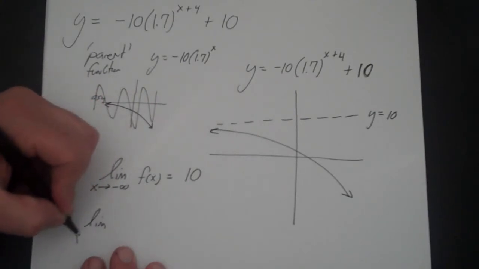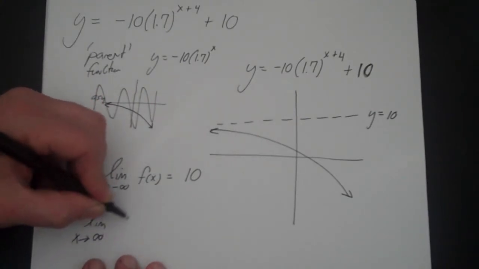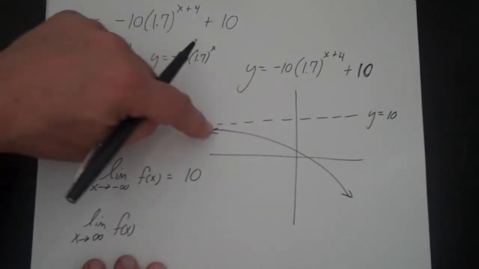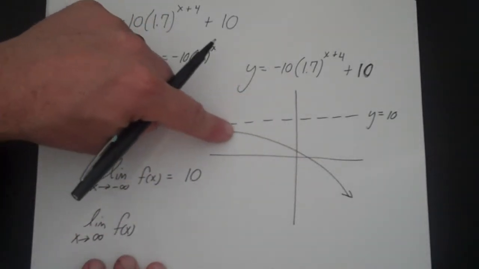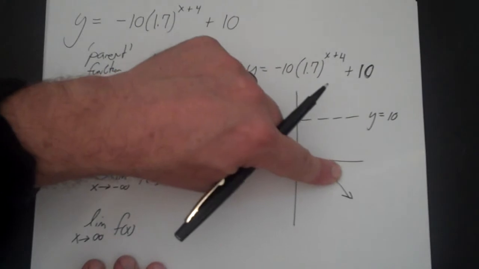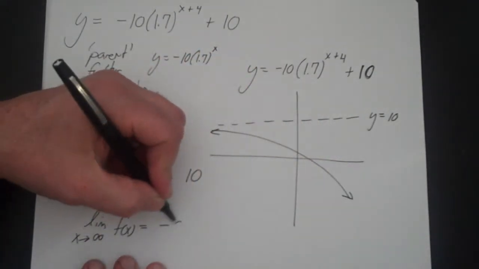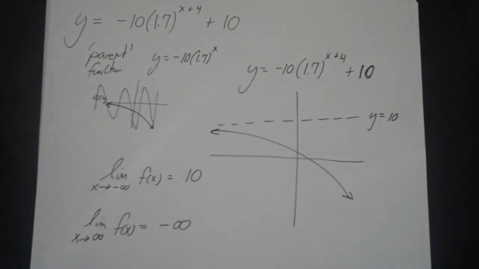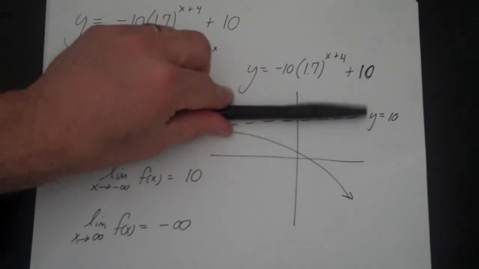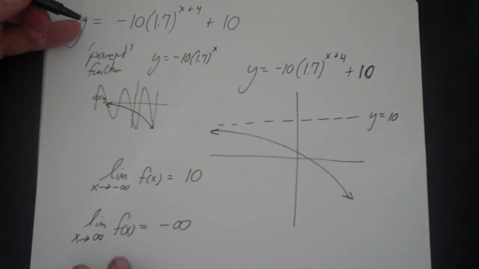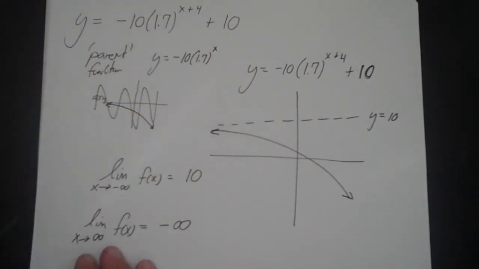Now the limit as x goes to positive infinity of f of x. As x goes to positive infinity, y gets more and more negative, so that goes to minus infinity. That's what makes this a fairly easy problem: you only have three possible answers, the asymptote, positive infinity, or negative infinity. In this case, the answers are 10 and negative infinity.